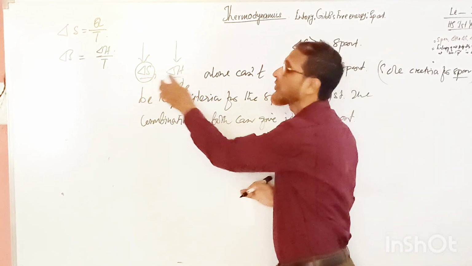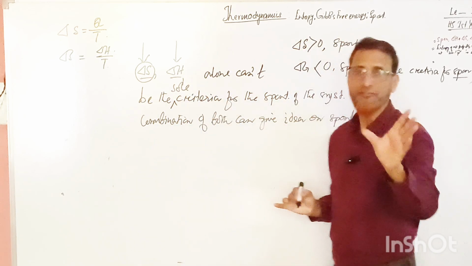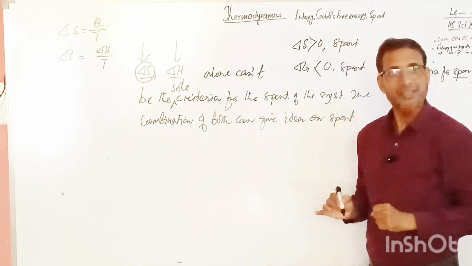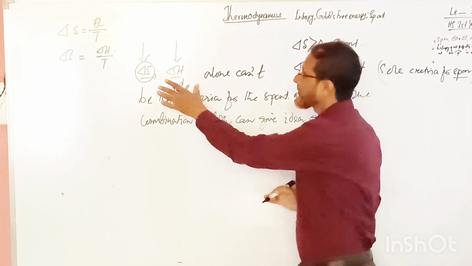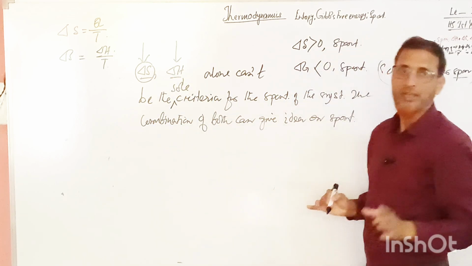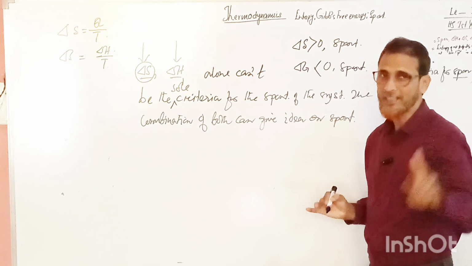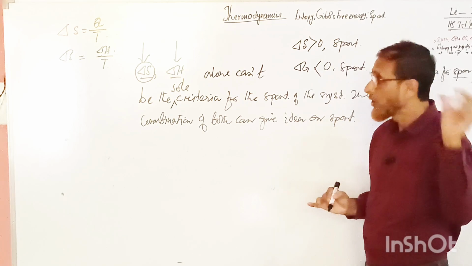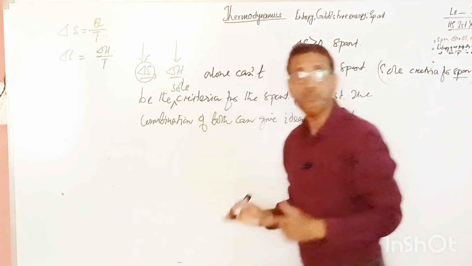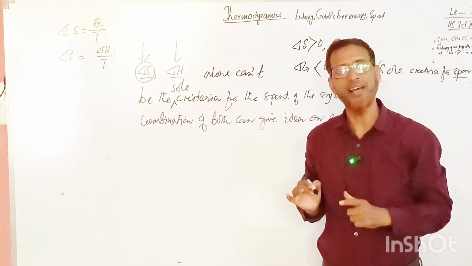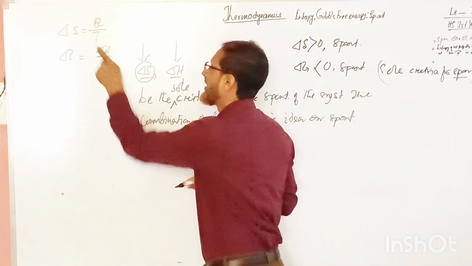These two terms alone cannot define the spontaneity of a process. The spontaneity can be predicted only when both terms combined give some idea, and then we can find del G.